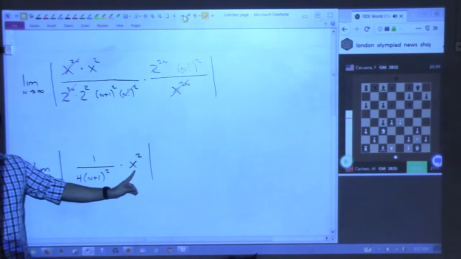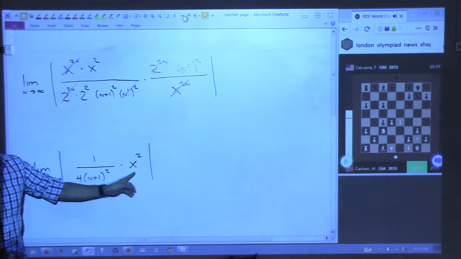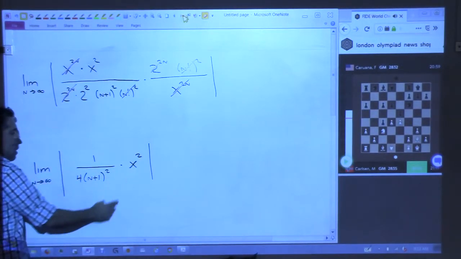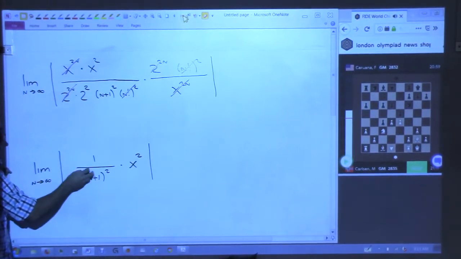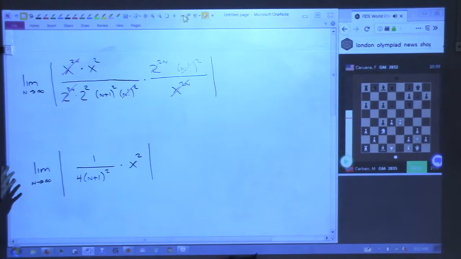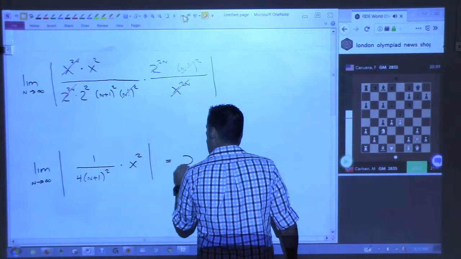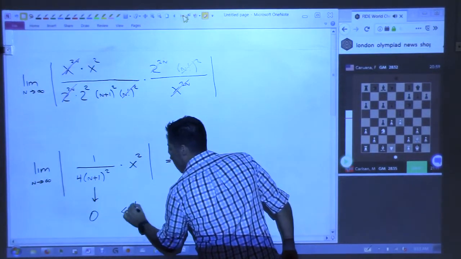You can take a limit and say what happens as x goes to infinity, but infinity is not a real number, okay? So if this is fixed, then what does that limit go to? 0, right? So this whole thing goes to 0, no matter what.